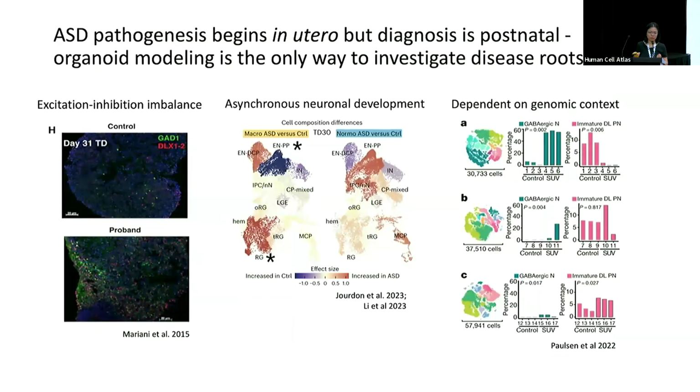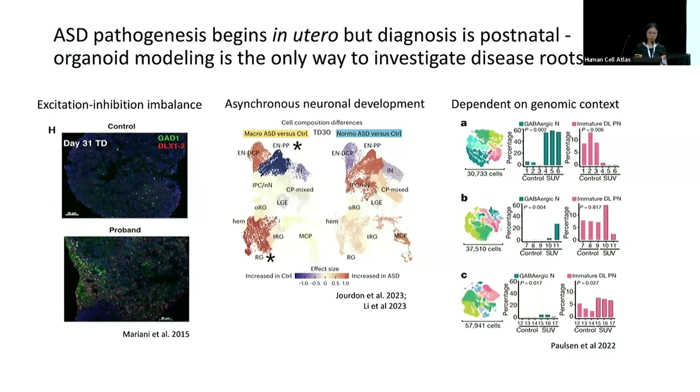Now, we were interested to understand a little more about how autism spectrum disorder might occur. One of the tricky things is that its pathogenesis actually begins in utero, but the diagnosis is postnatal. And so what we have to do is model this condition using brain organoids. We are not the first ones to do it.